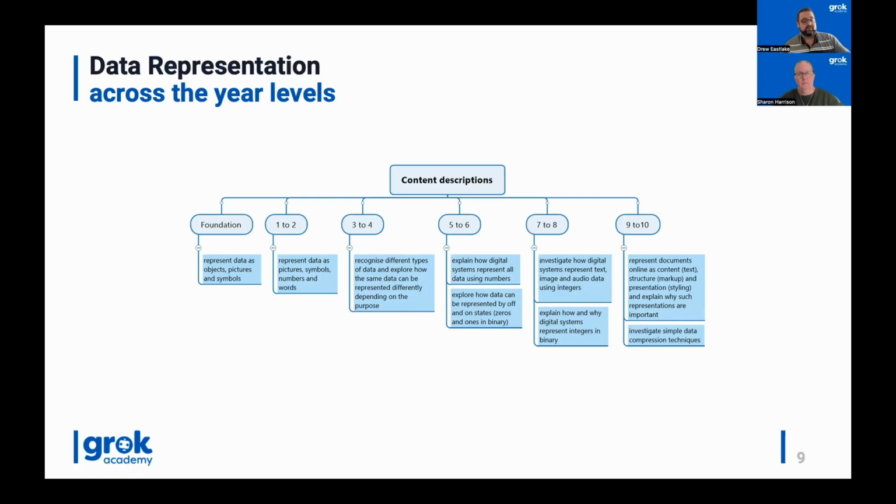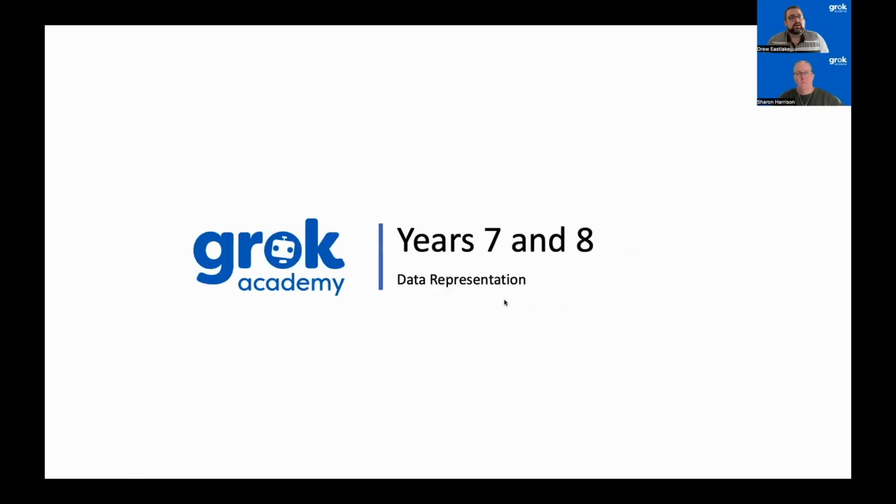One of the big changes in version 9 is that this has now been put down into year 5 and year 6. So it would not be unreasonable to expect a student to have, hopefully, an introductory knowledge. I know that's not always the case, but it is now down there before they come into year 7 and 8. So let's start off by looking at year 7 and 8.